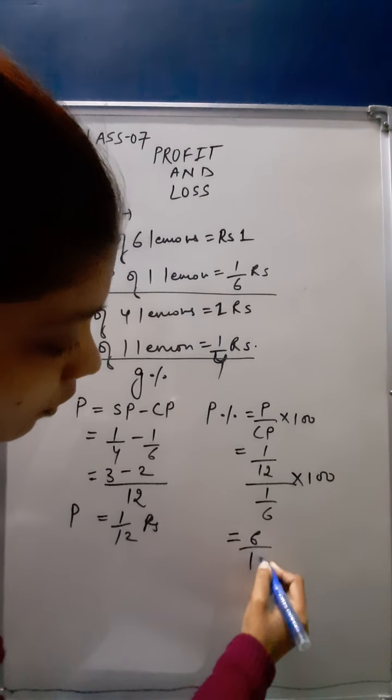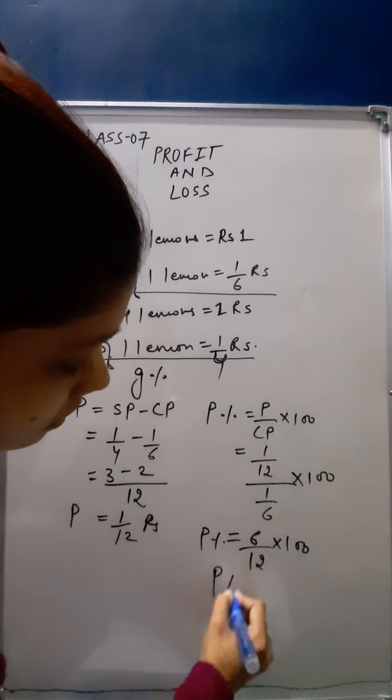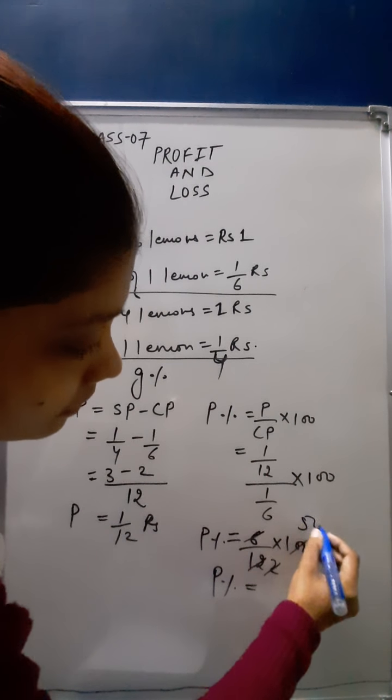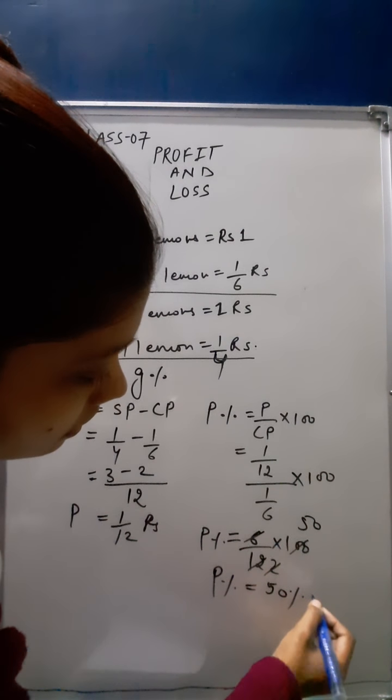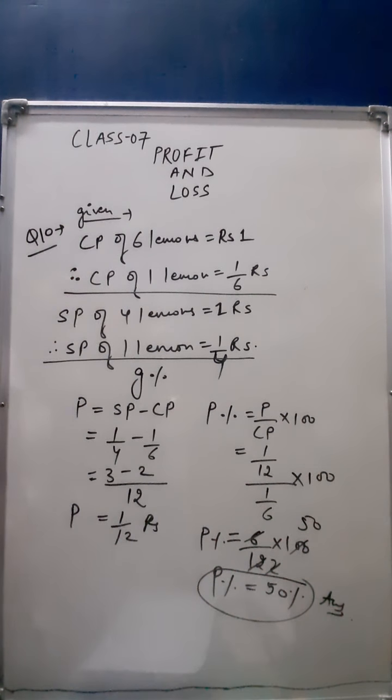It becomes 6/12 into 100. 6 2s are 12, so 6 fives are 50. So your profit percent will be 50%, and this is your required answer for this particular question.